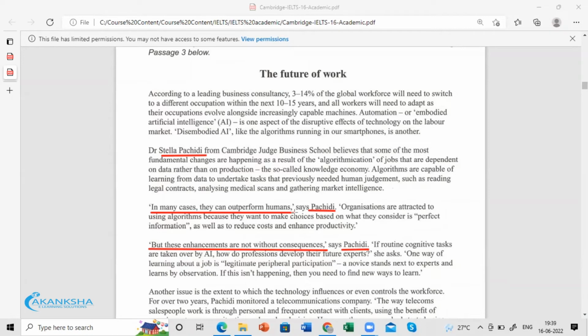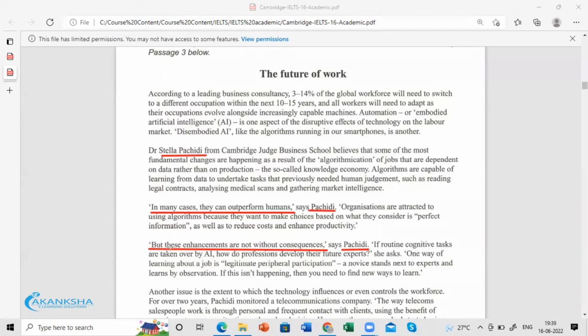So what he says, in many cases, they can outperform humans. So what is the meaning of they here? Automation, robots, because this passage is about the future of work, as you know. So they can outperform humans.